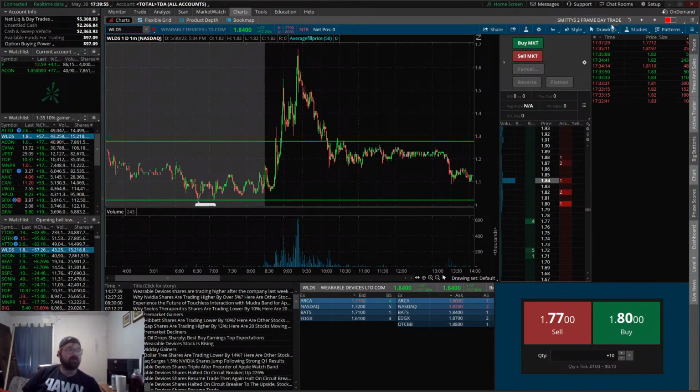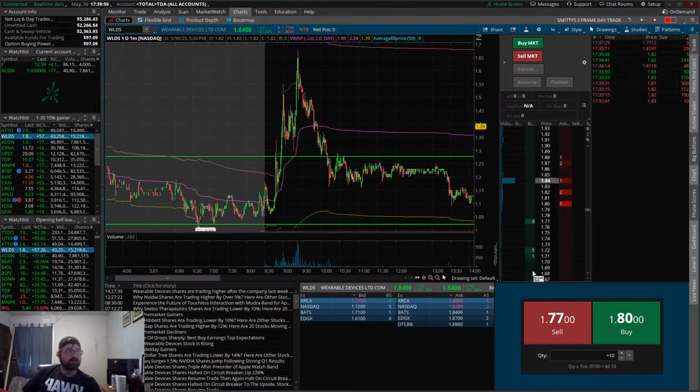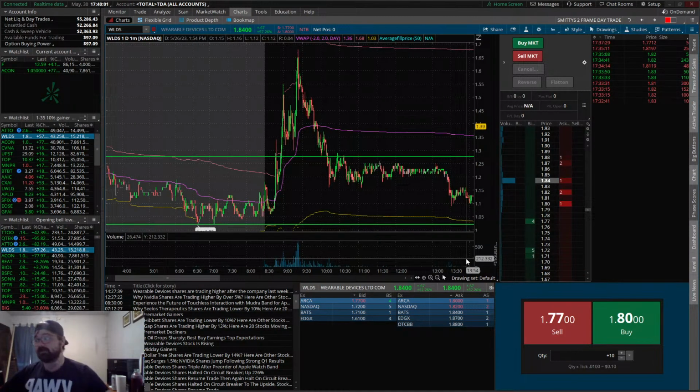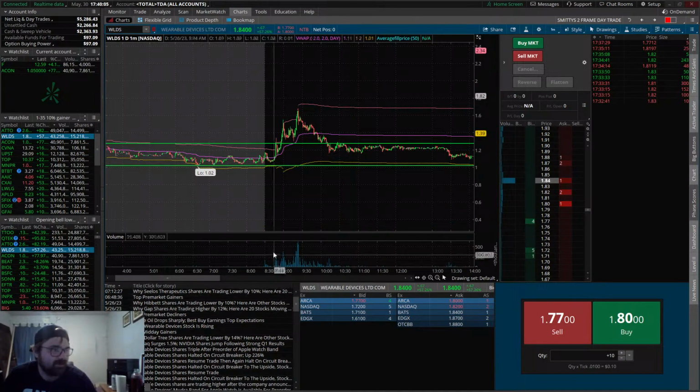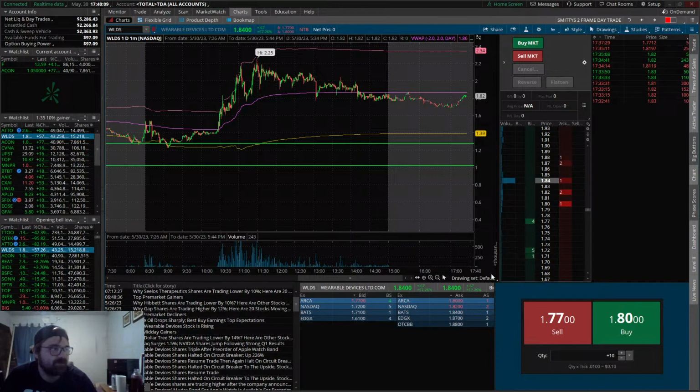When we can talk about indicators, the most important indicator really is VWAP, hence the shirt. But VWAP is really just that purple line right there. See, another thing you could have done is taken that trade right at VWAP.